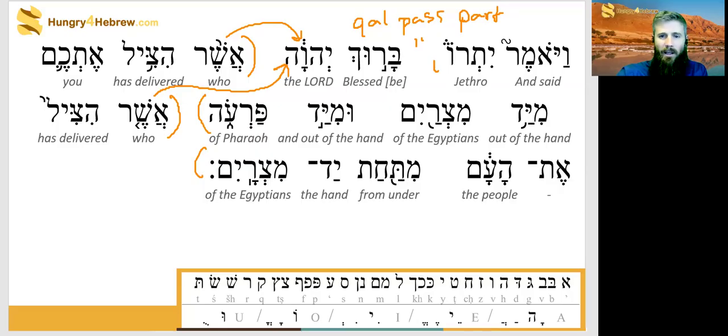Asher hitzil et ha'am, the one who delivered the people, mitachat yad Mitzrayim. Gosh, it sure does sound like this is just a repetition of this, saying the same thing with different words. That happens a lot in Hebrew. It's called poetry.